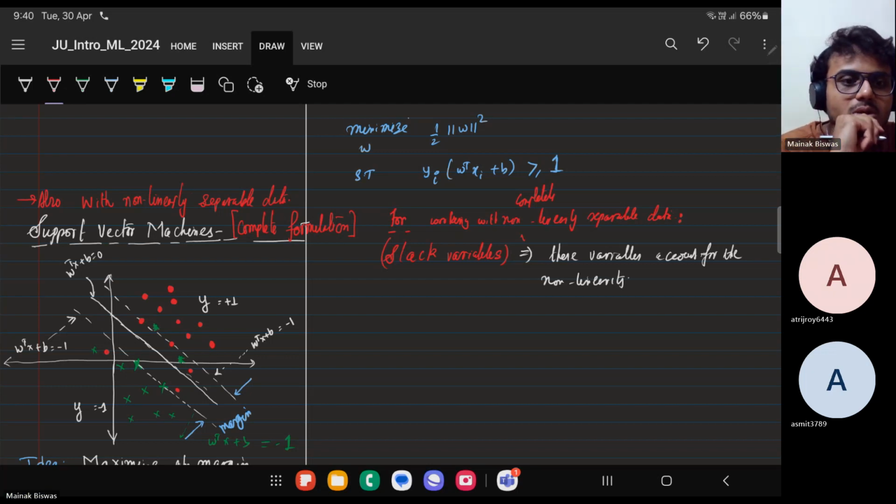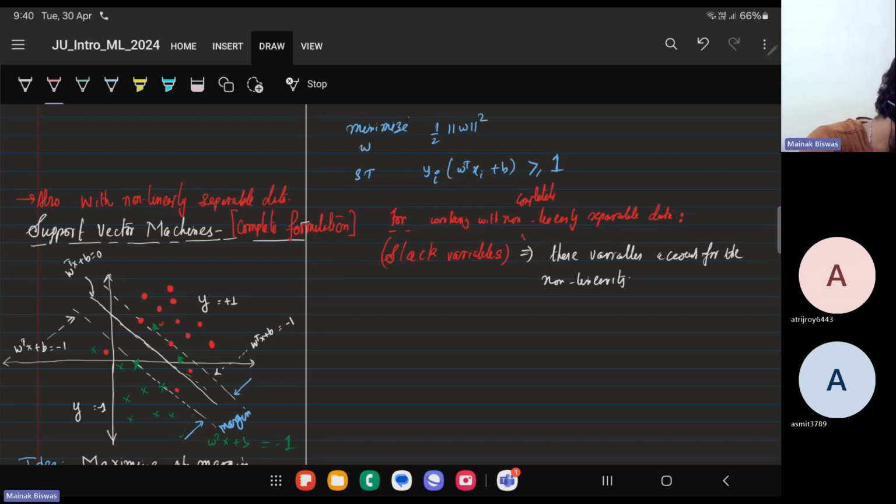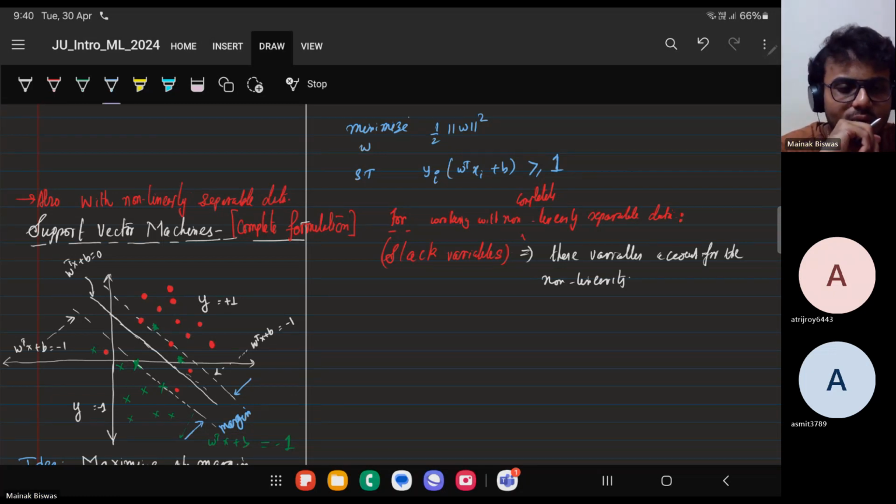Okay. So then say this green point that I have over here. This green point is not going to be lying on this best fit line or below it. So how do I introduce this constraint?